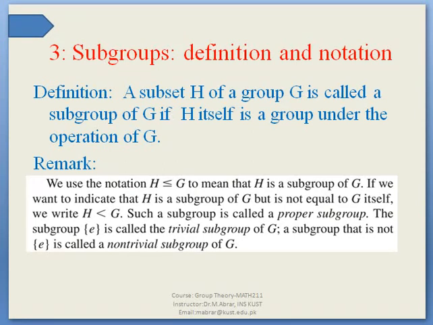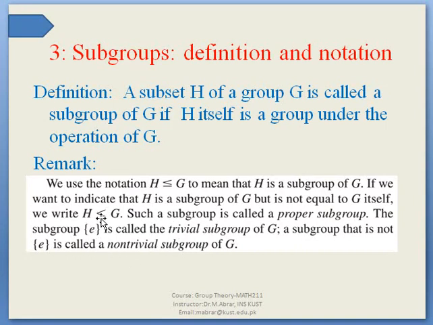Subgroups, by definition: a subset H of a group G is called a subgroup of G if H itself is a group under the operation of G. We use the notation H ≤ G to mean that H is a subgroup of G. If H is different from G, then we write H < G, and such a subgroup is called a proper subgroup.